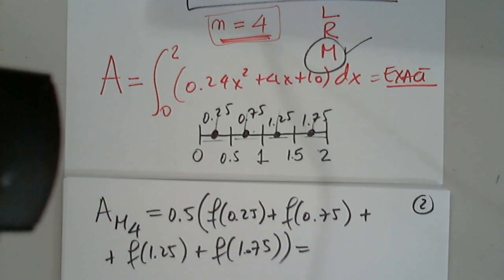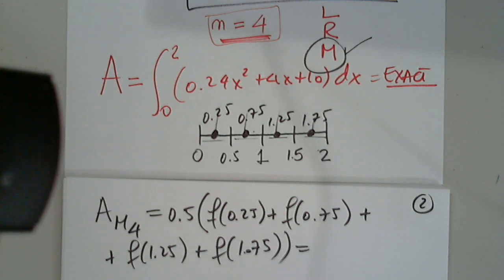I have 0.24x squared, so 0.24 multiplied by x squared, where x is in list L1, so list L1 squared, plus 4x, which means 4 times list L1. And finally plus 10. Close the parenthesis.